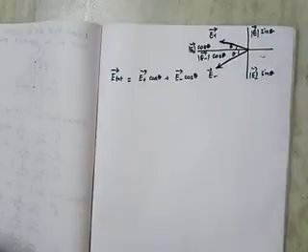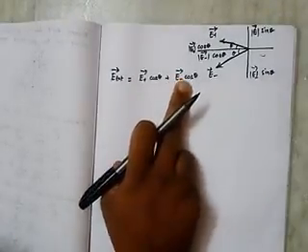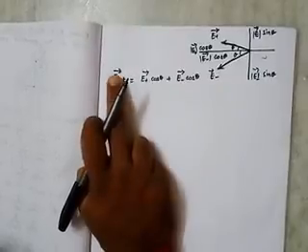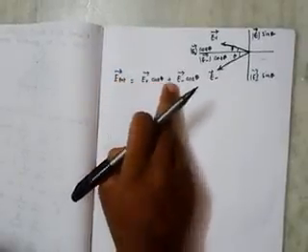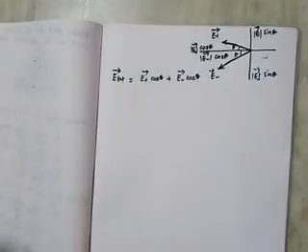So it is resolved with only the cos components, so we can write the total electric field is equal to E plus vector cos theta plus E minus vector cos theta.